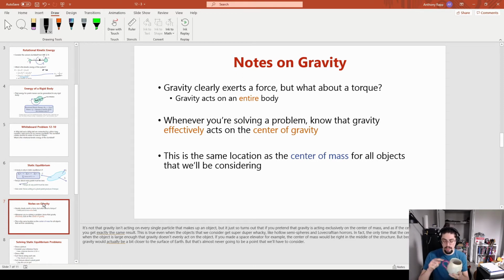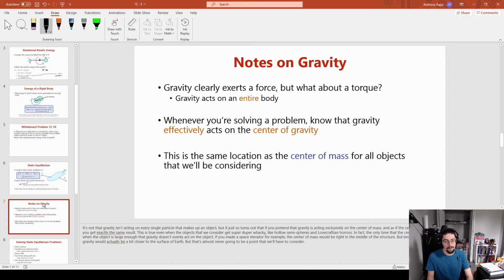The handle over here is arguably much smaller in mass than the rest of this thing. Even if this thing were made of different materials, I would still argue that the center of mass, wherever it is, somewhere like right here in the middle of the mug, gravity still pulls as if it's pulling right at that one single point. So that's not the deal here, but it's the fact that gravity is not actually a uniform force.